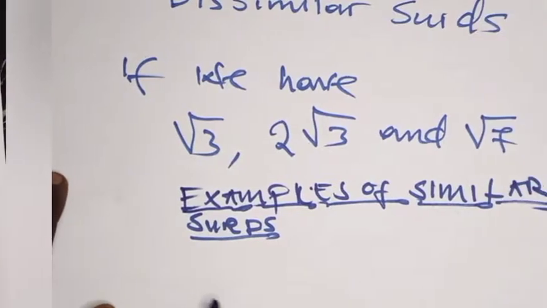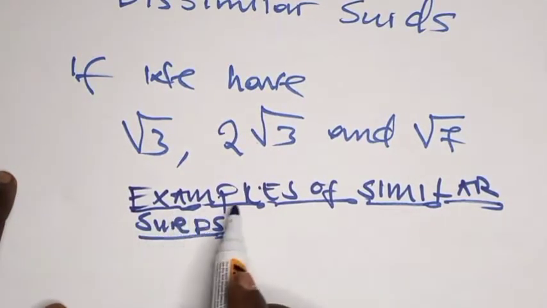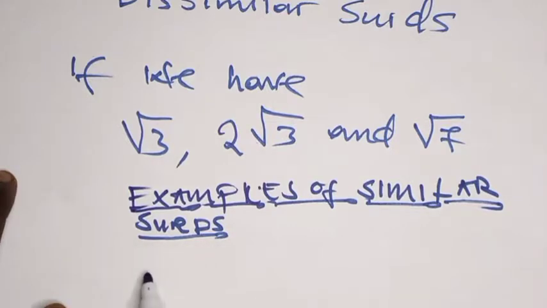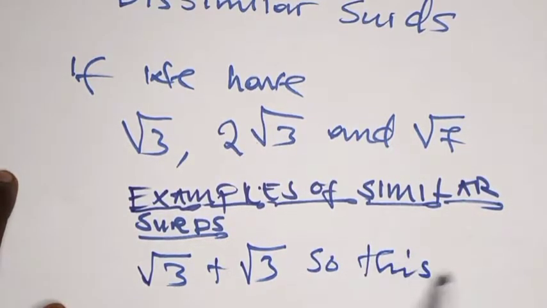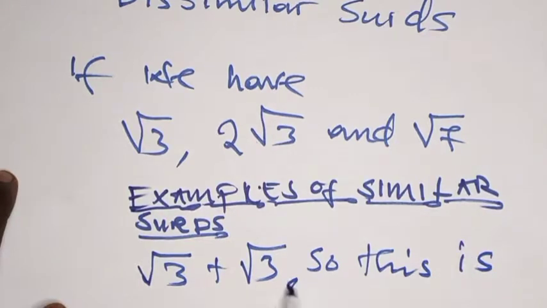So let's check out the examples of similar surds. If we have 3 root 3 plus root 3, this is similar surds.